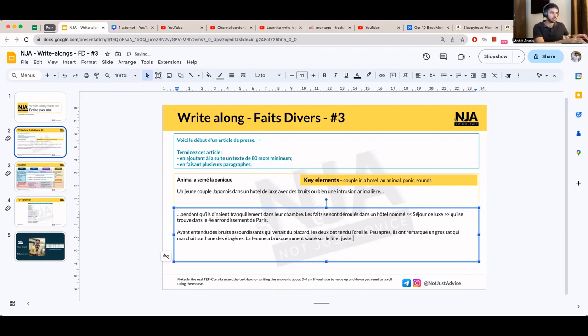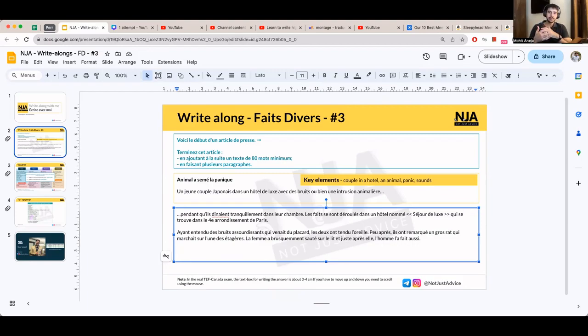Et juste après elle, l'homme l'a fait aussi. Let's analyze this sentence. La femme a brusquement sauté. Brusquement sauté means suddenly jumped, sur le lit, on the bed. Et juste après elle, and just after her, l'homme l'a fait aussi. The man did the same. Okay? L'a fait aussi.